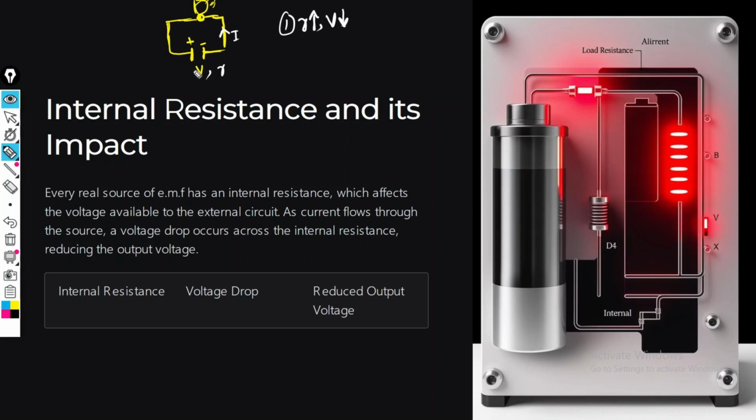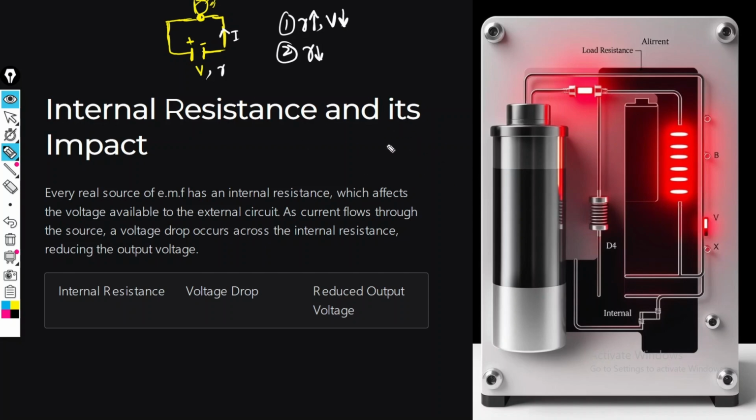Similarly, in the second case, if the internal resistance of the battery is lower, it means the battery is of better quality. If the battery is good, then its internal resistance will be less.